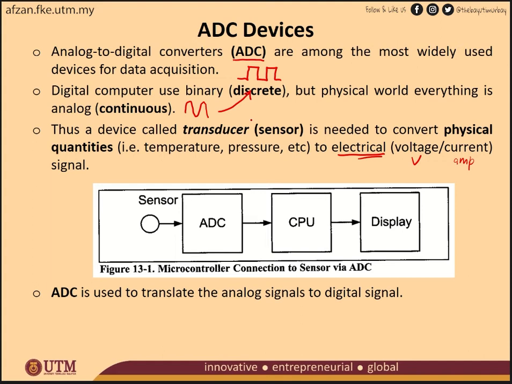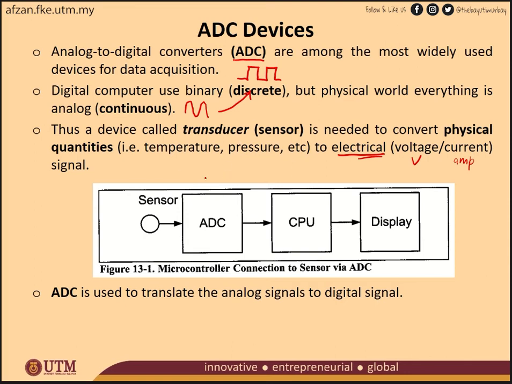So first, you are going to use a sensor, which converts a physical quantity such as temperature, pressure, velocity, humidity, or light to an electrical signal. And then after that, you can convert to a digital signal.